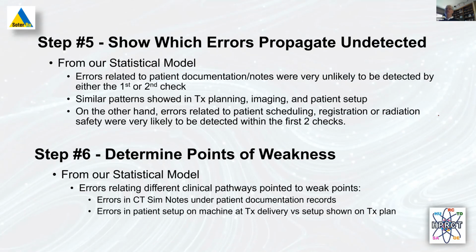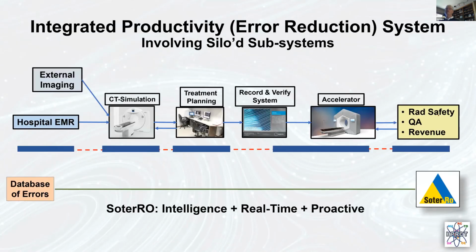And then here's the last slide. It shows where the silos of data come into the database. You can see CT simulation in this example feeds data errors down to the database, treatment planning, record and verify, accelerator, and then radio safety QA. And this will feed this real-time program called Sotero.